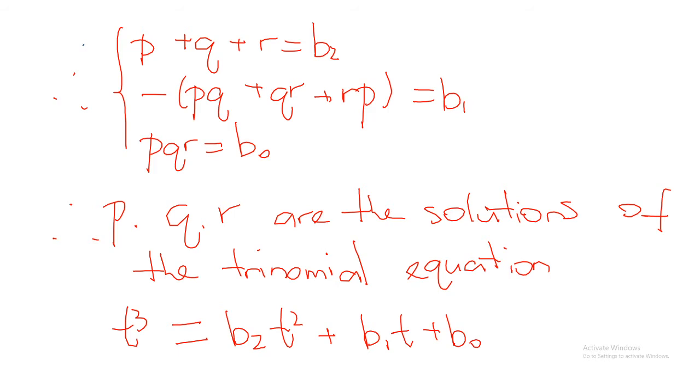And p times q times r is b0. This expression is quite familiar to us. Why? Because it satisfies a very, very famous theorem. And these p, q, r are the solutions of the cubic equation t cubed is equivalent to b2 times t squared plus b1 times t plus b0.